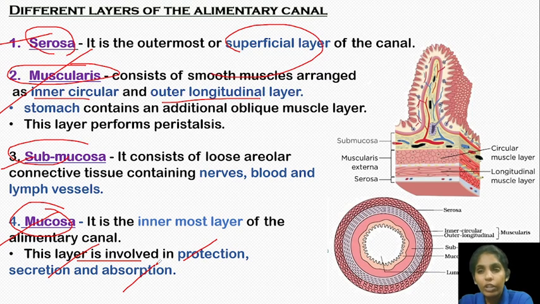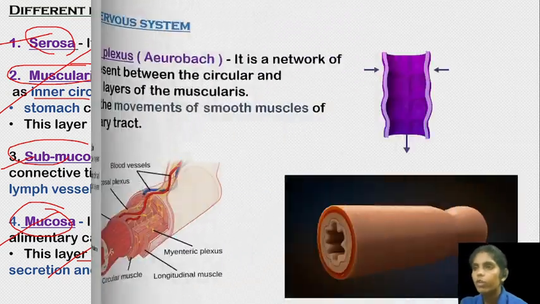So that is about the different layers that make up the wall of the alimentary canal. This is the serosa outermost, then the muscularis, then the submucosa which contains all the blood vessels, nerves, and lymphatic vessels, and then the innermost layer.